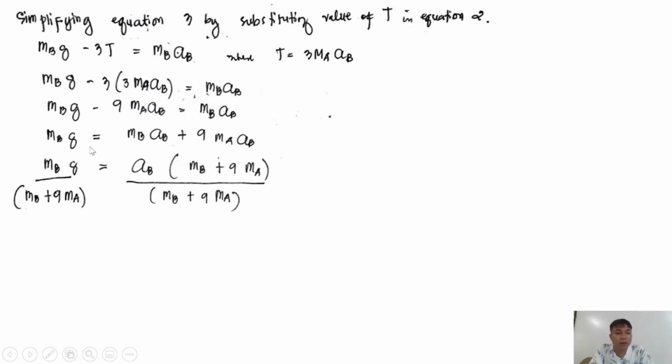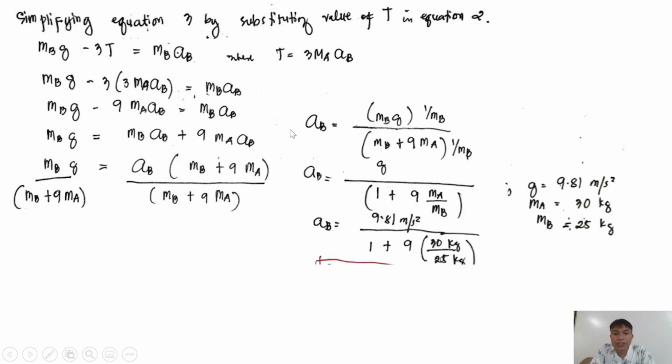We can now have MB multiplied by G over, then ilalabas natin tong acceleration B dito, so meron tayong MB plus 9MA. Magiging AB is equal to MB G, gravity, multiplied by MB plus 9MA, which we can also cancel out the MB here kasi may MB sa taas, may MB din sa baba.